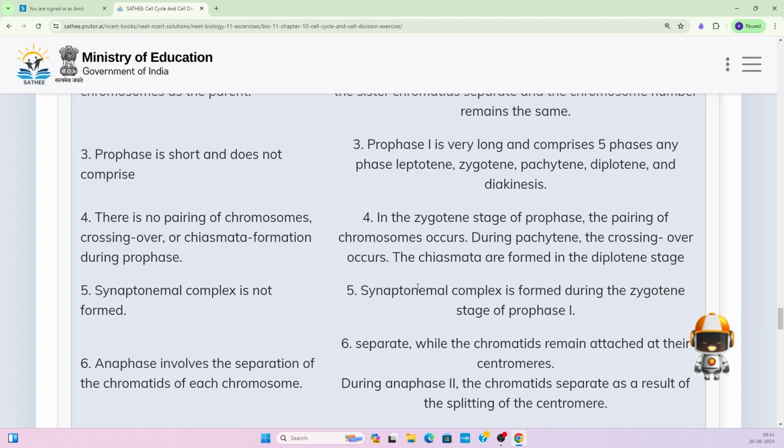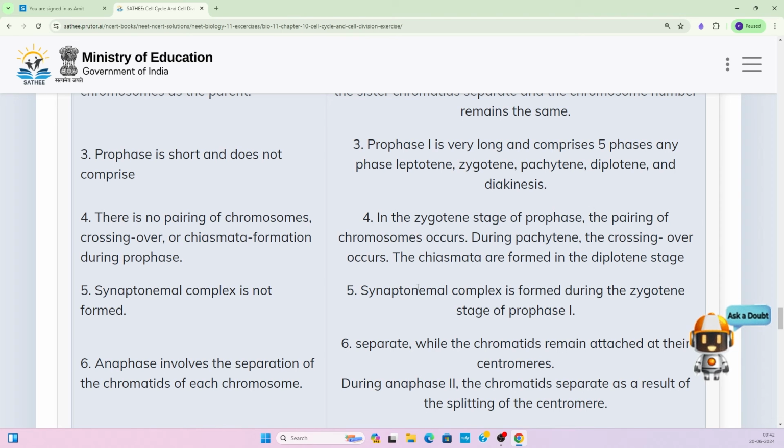All these stages we can see in prophase 1.